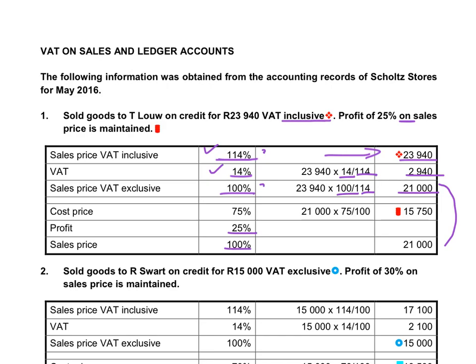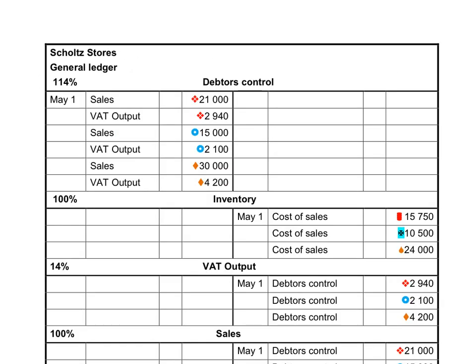Therefore, the cost price must be less than the sales price, so we will deduct the 25, and the cost price is then 75% of the sales price. If we want to calculate the cost price, the one that I want, 75, divided by the one that I know, 100, and that will give us the cost as 15,750.